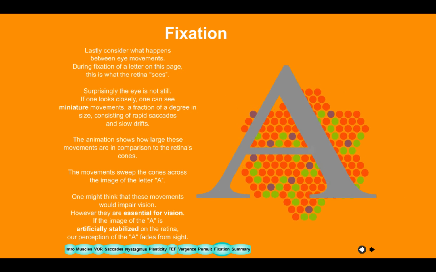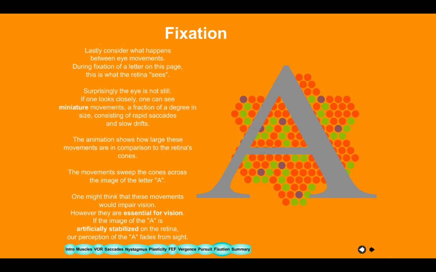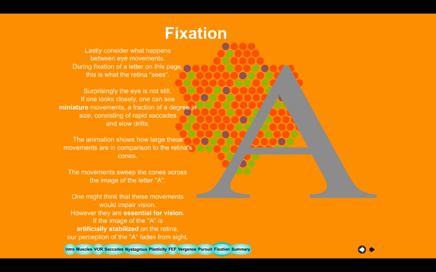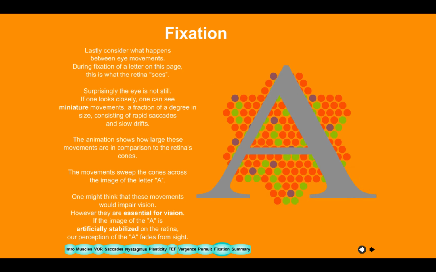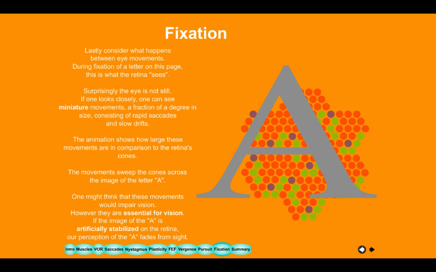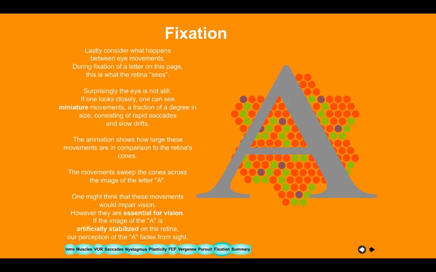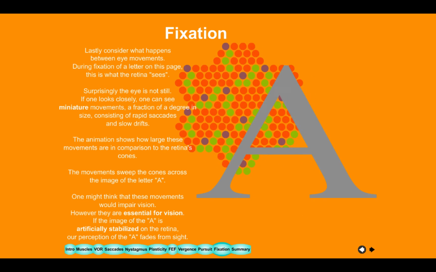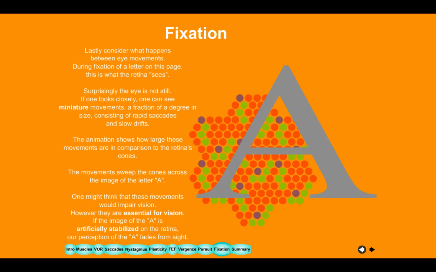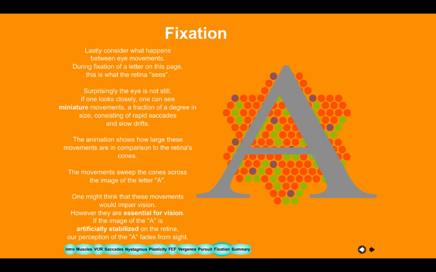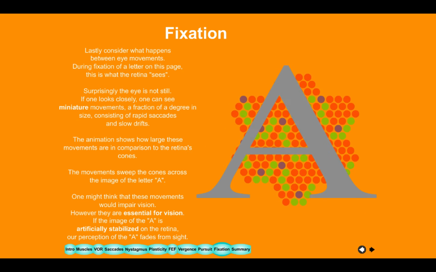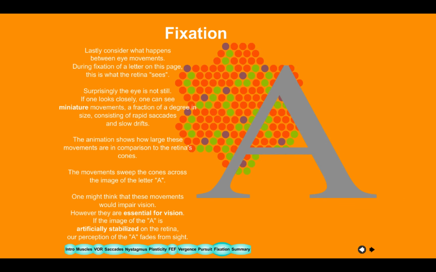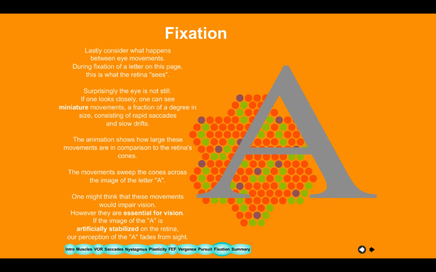So you could then artificially stabilize the A on the back of the retina. And when this was done, the A disappeared. You became blind to the stable image. Okay? So for reasons that we don't know yet, these little movements of the eye that occur during fixation, which you have no way of suppressing, help you see.